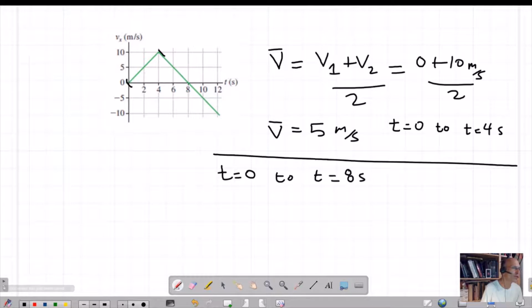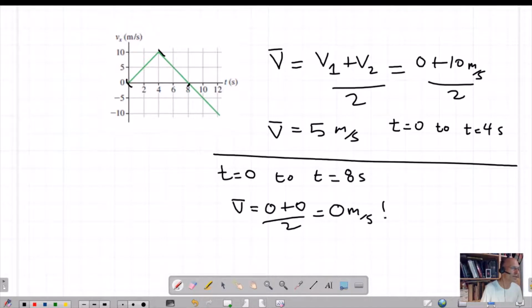I hope you can see this is not going to work, because if we do that calculation, v average equals 0 plus 0, because the graph is back at 0 at 8 seconds, over 2, which is just 0 meters a second.